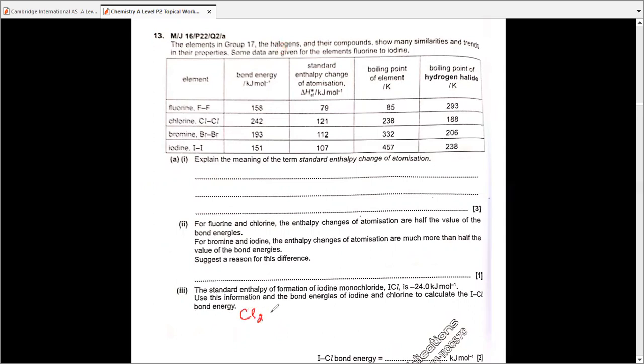Cl2 plus I2 gives us 2ICl. So if you have used this value, 242, and this value, 151, you shouldn't be using minus 24 over here. You should be using minus 48.